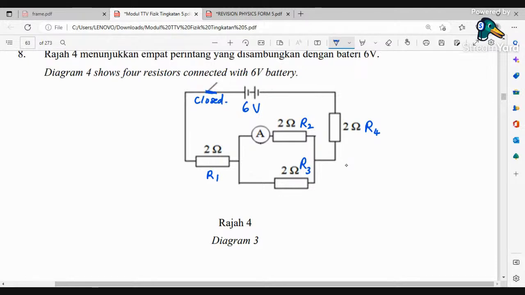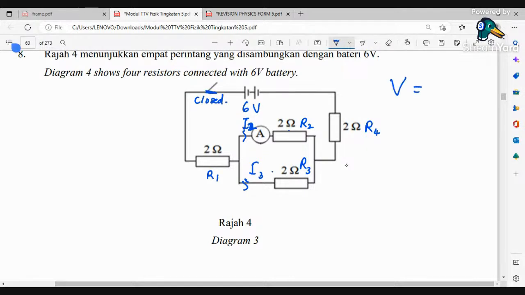Okay, so this is a combination circuit. For a combination circuit, normally we want to find the total current first, and also the voltage. Because to calculate the current I passing through the 2 ohm, this is I2. So I want to find I2.